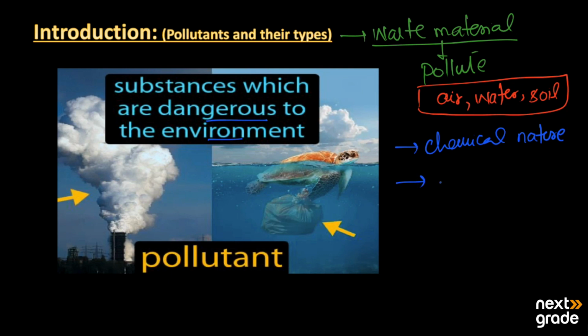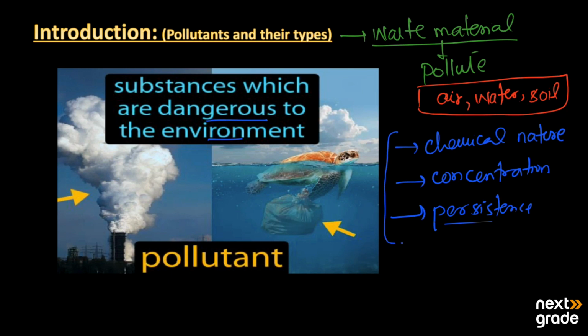The second is the concentration of that substance or pollutant, and the third is its persistence, whether it is removed by natural processes, whether it is biodegradable or not. All these three factors determine the severity of the pollutants.